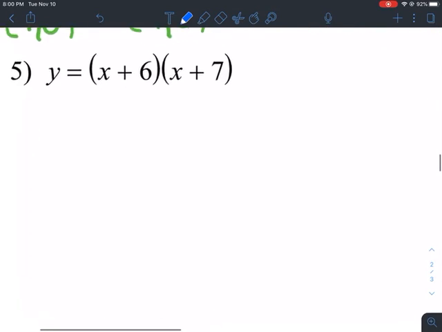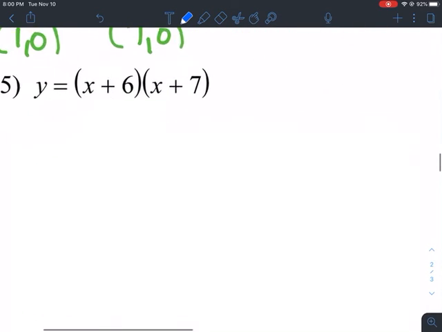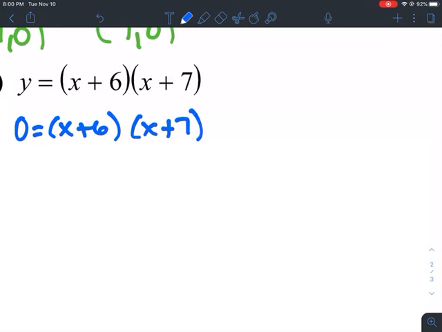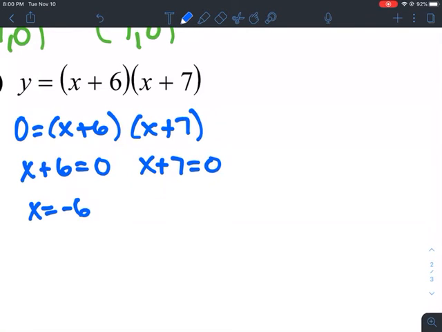Okay. Again, same thing. 0 for y. And then each factor can be 0. So when I flip the signs, I get -6 and -7.